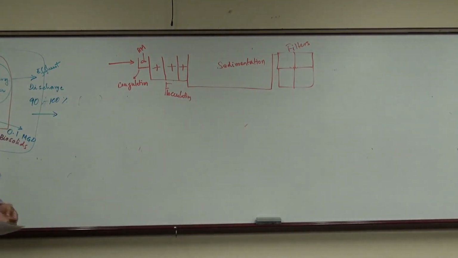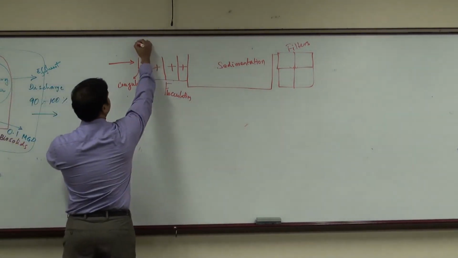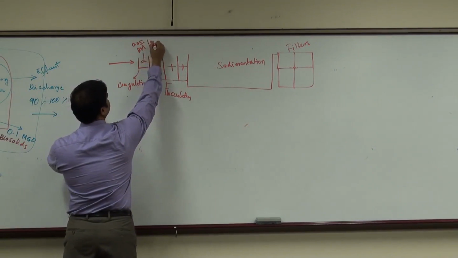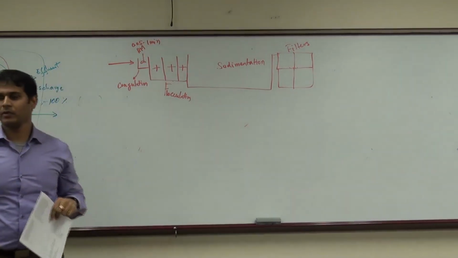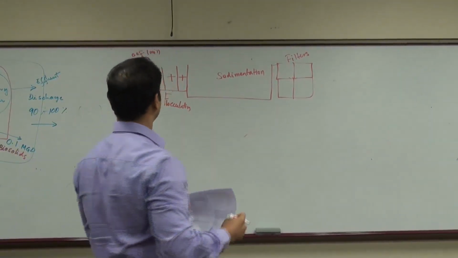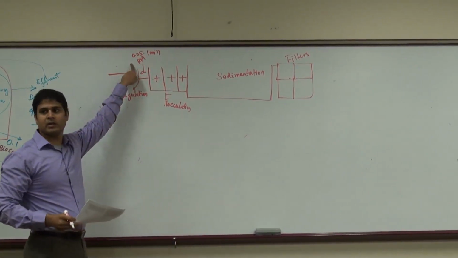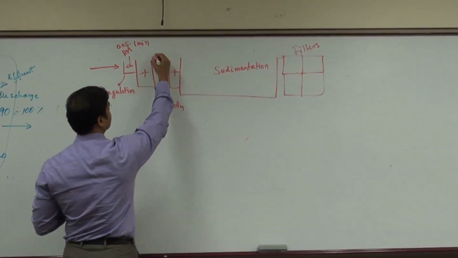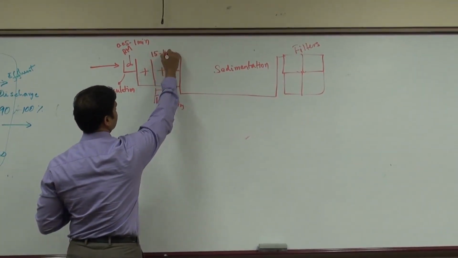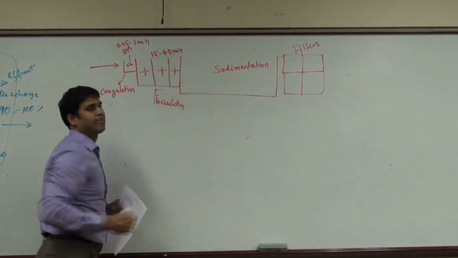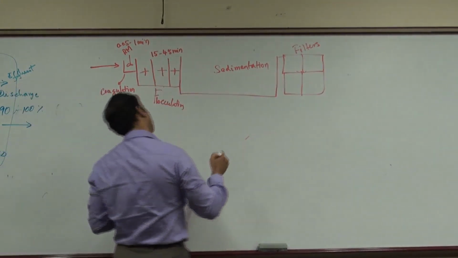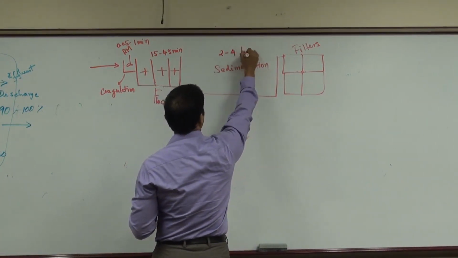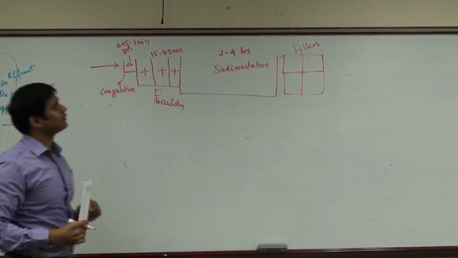Now, just to brief you on this one here, the residence time or the hydraulic detention time for rapid mix would be anywhere between 0.05 to 1 minute. For your flocculation, that would be anywhere between 15 to 45 minutes. And this one would be between, I think, 2 to 4 hours.